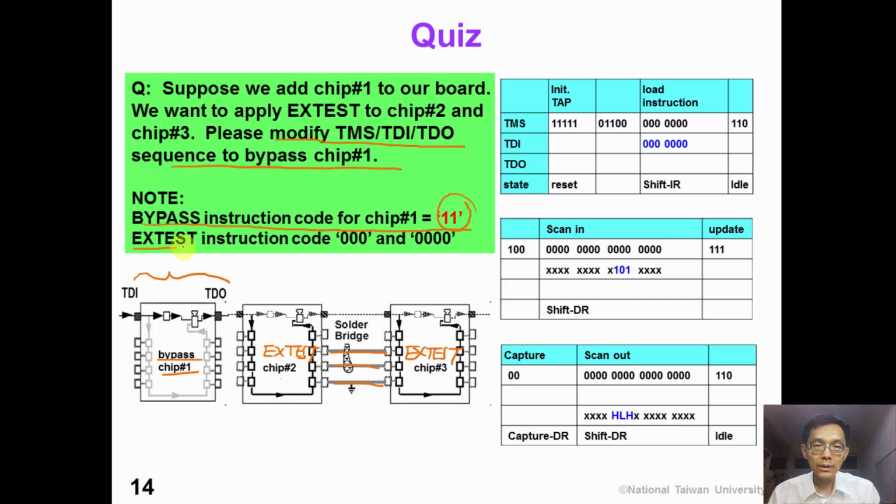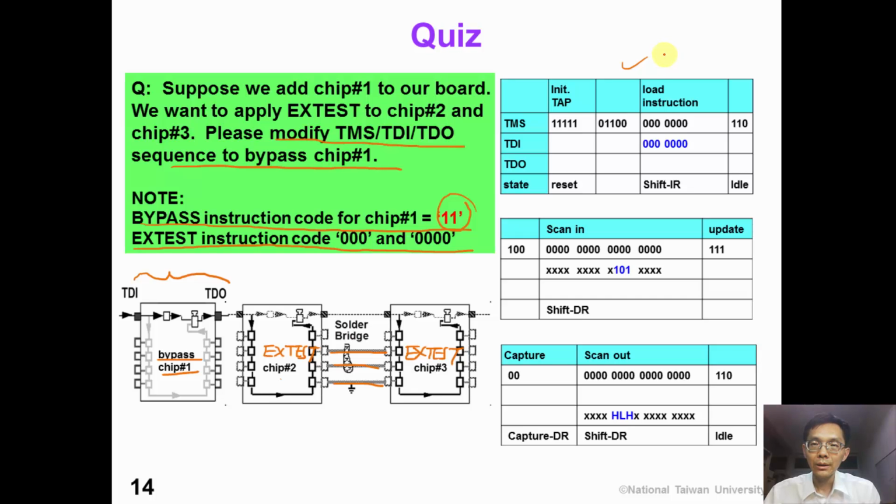And the Xtest instruction codes for chip number 2 and chip number 3 are still the same as before. Now please pause the video and work on the problem. You can modify the 3 tables on the right to do this quiz.